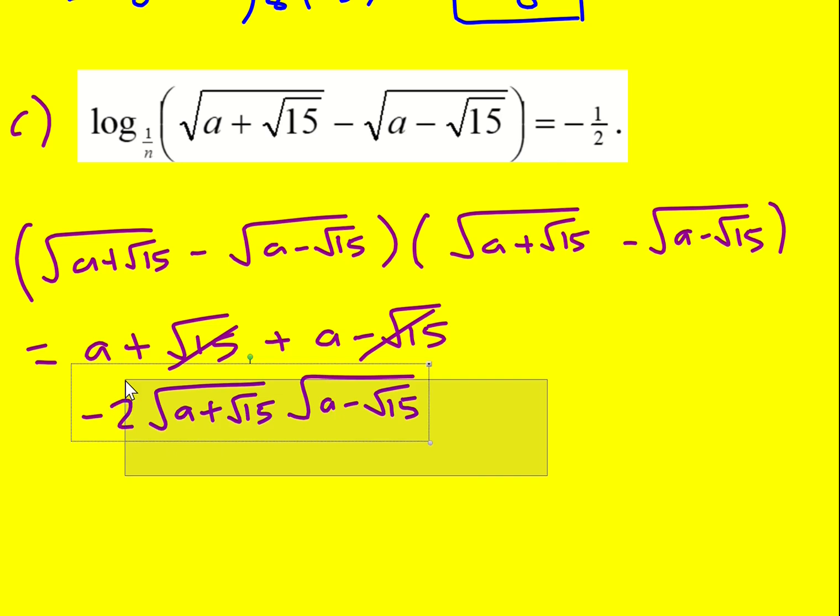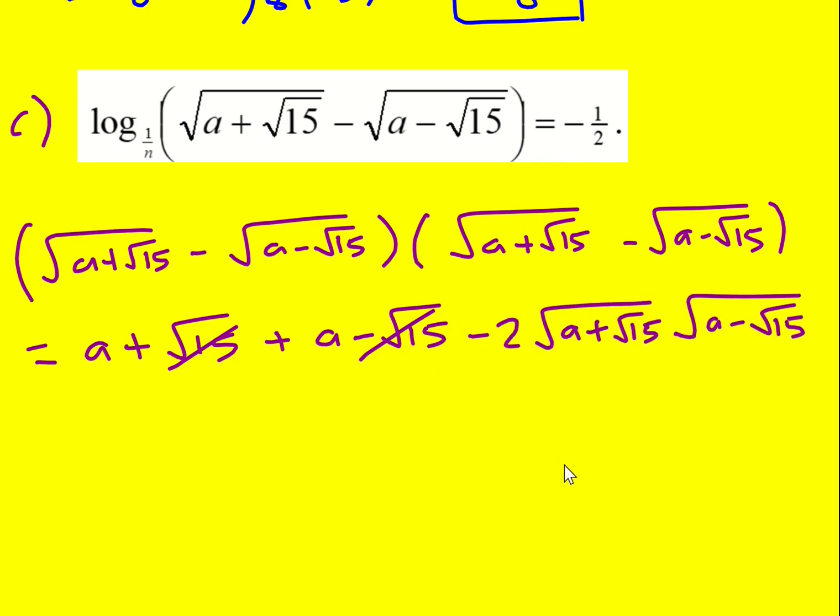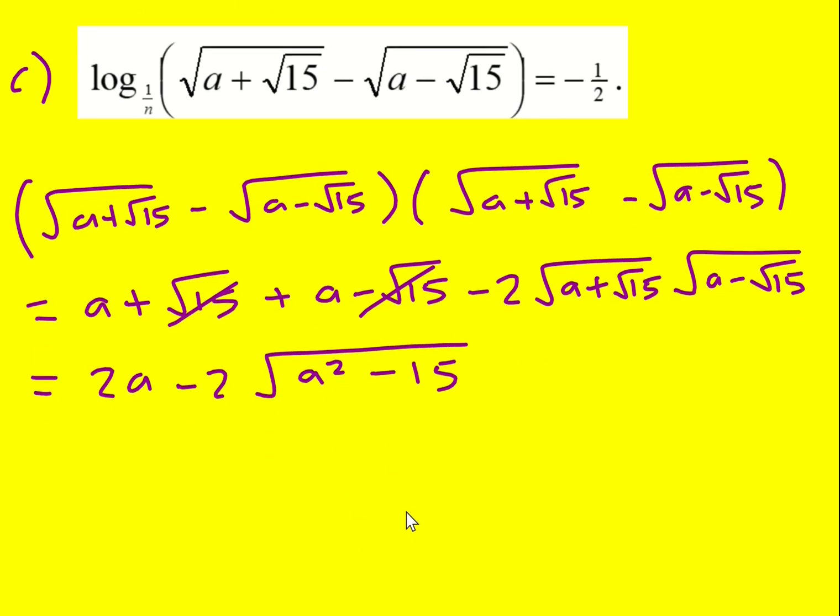So we get this. I didn't think I could fit it in, but I can fit it on one line. Multiply these out. We're going to get a squared minus 15. So it's not quite as nice as before, but it's not too bad.